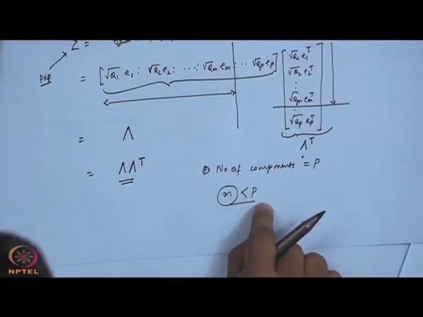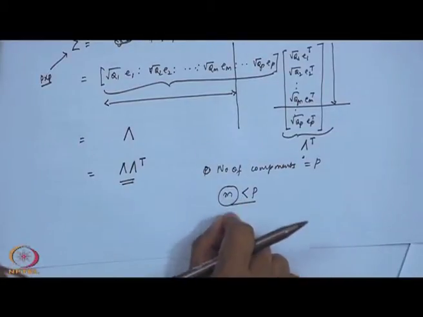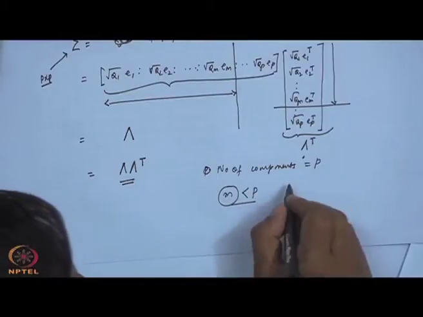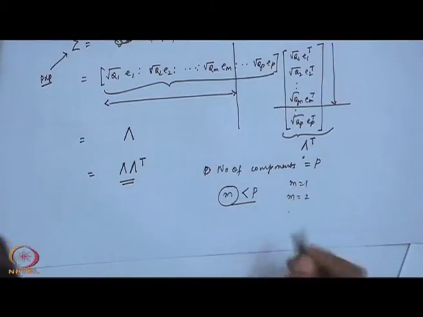We want a subset of P that may be very small. If M equals 1, that is the best; if M equals 2, 3 or so on, but it must be a subset of this.